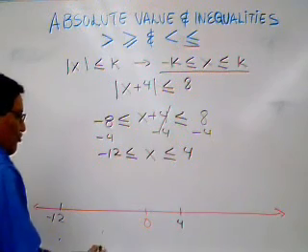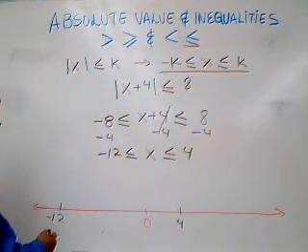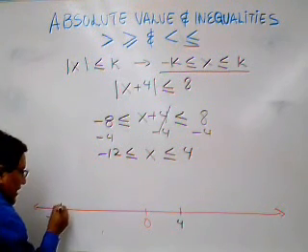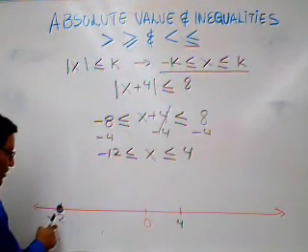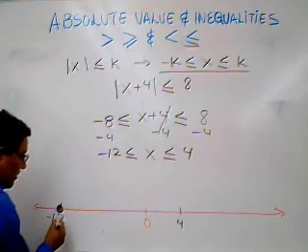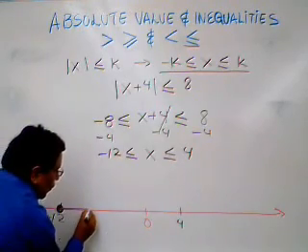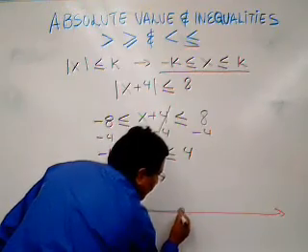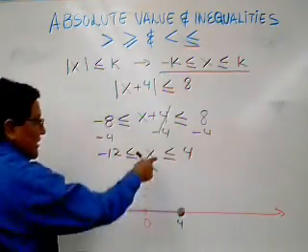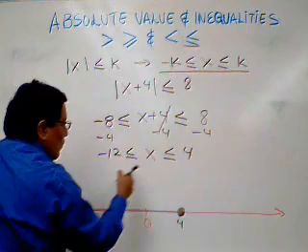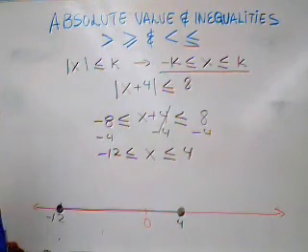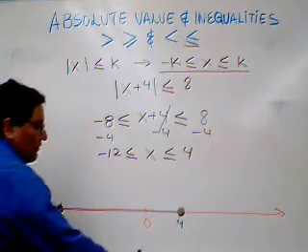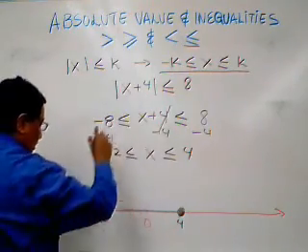And the graph of the solution will be a circle shaded like this, because it includes negative 12, and it will go all the way to 4, and 4 is also included in the solution because of the equality. You can choose any value between negative 12 and 4, and it will work.